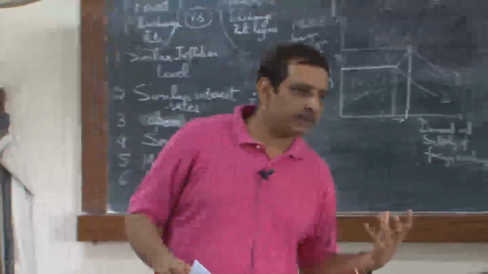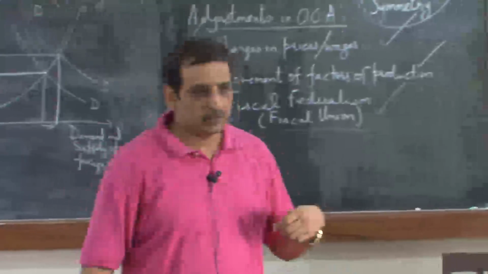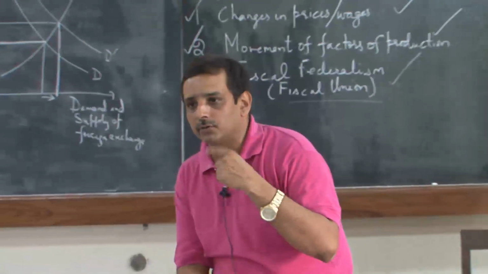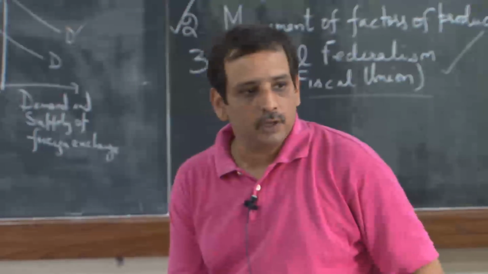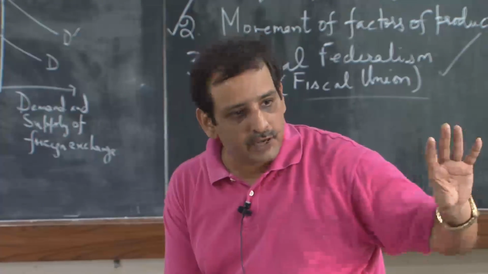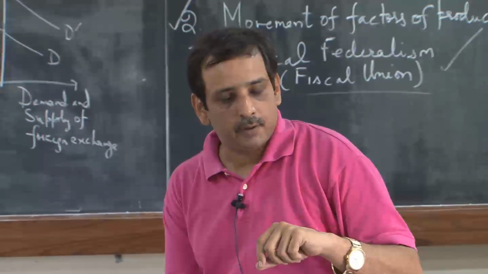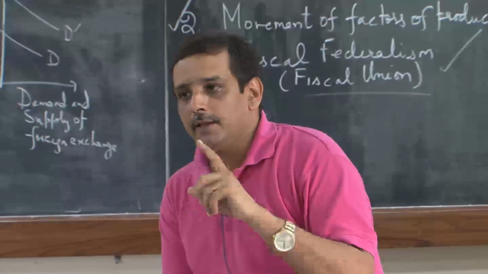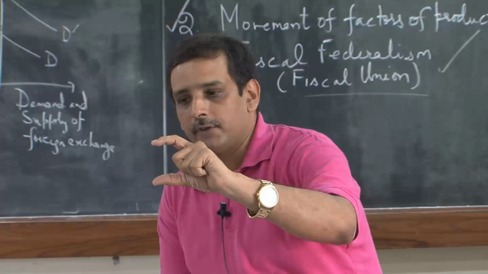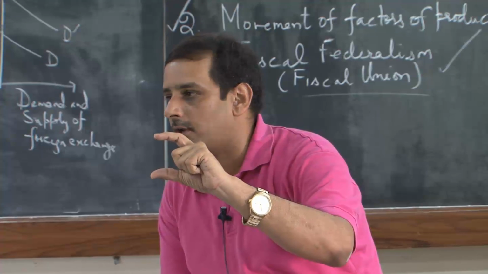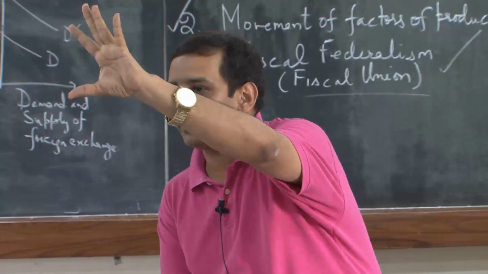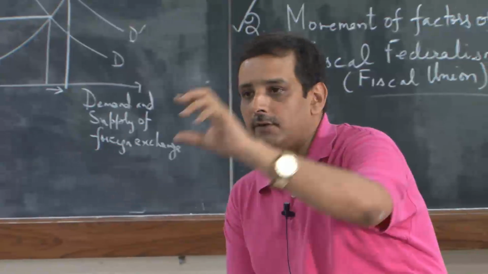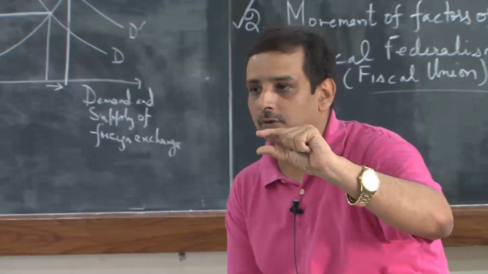This set of literature is new. This is also only the second time that I'm communicating it, so I do not have that much confidence, because the literature is still coming in on what's happening in the OCA. But what you can do is, if you want to compare whether India is a good contender for an OCA, compare it with what is happening in East Asia, where they have ASEAN plus China, Japan and Korea.